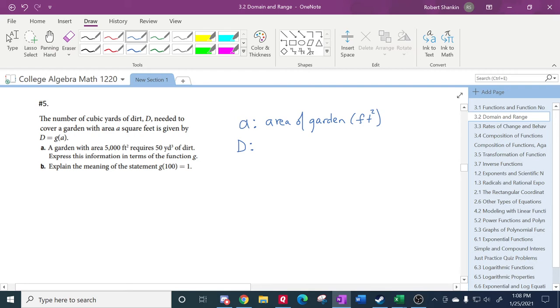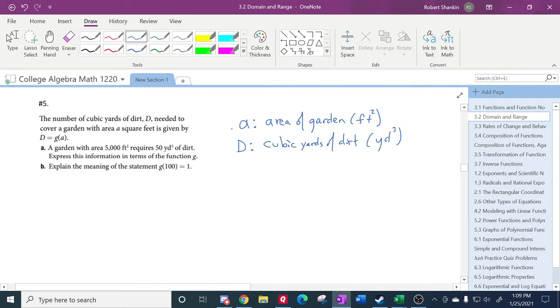And D, number of cubic yards of dirt. That could be written like this, yards cubed.